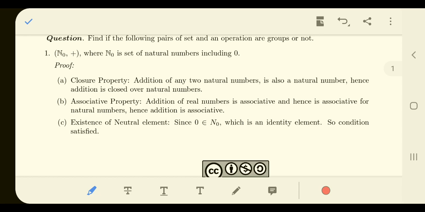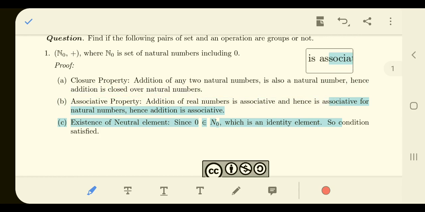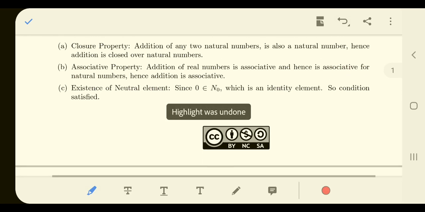So 0 means the existence of identity. We know that 0 is inside N0 by the definition of N0, and that's how it satisfies the condition.